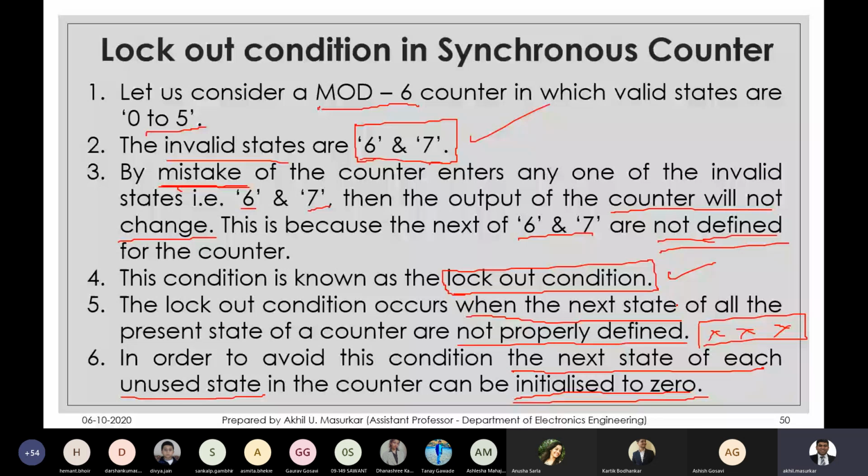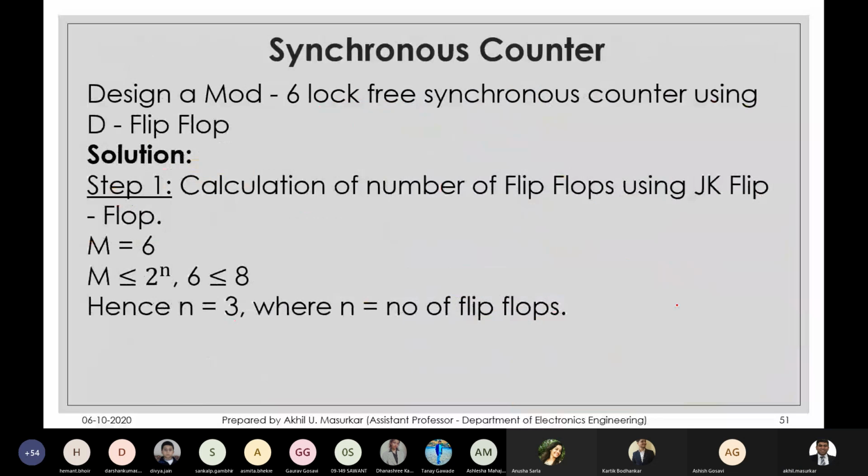So how does this condition actually reflect in a problem? In the exam, they may ask you a mod 6 lock-free synchronous counter using flip-flops. All other specs are same.